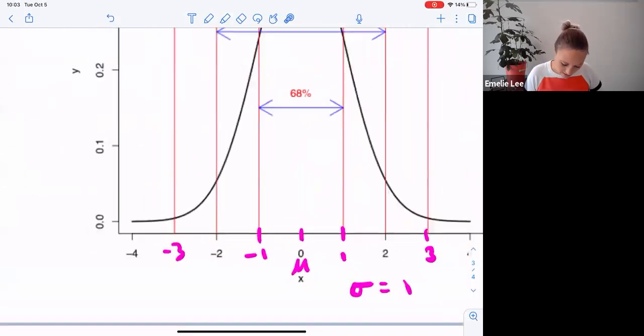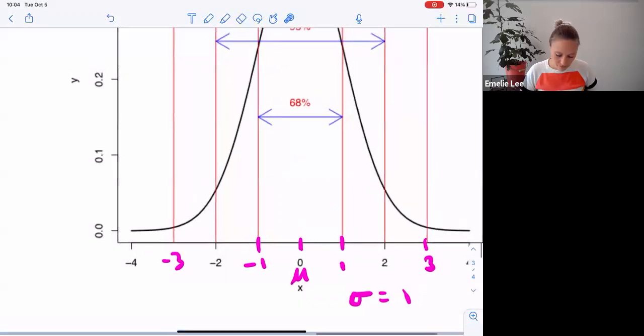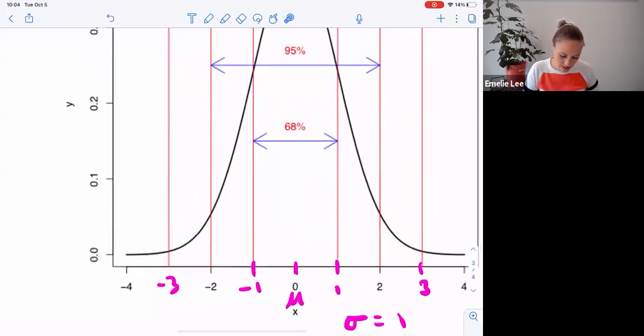So here, the 68, what's that saying? It means that 68% of the curve, or 0.68, is the probability of being within 1 standard deviation of the mean, right? On the negative side and on the positive side. So it's that central 68% of the curve. Then we can move out to 2 standard deviations away from the mean. Now we've captured the central 95%.